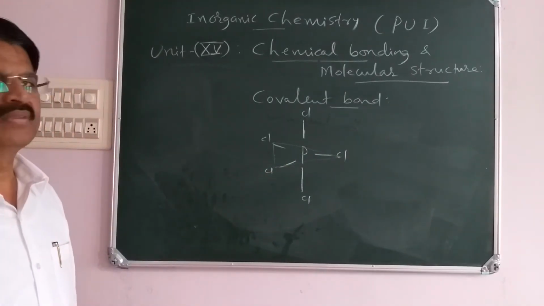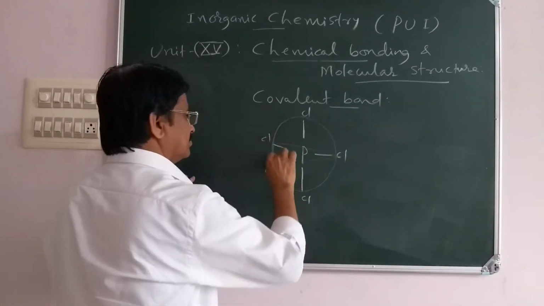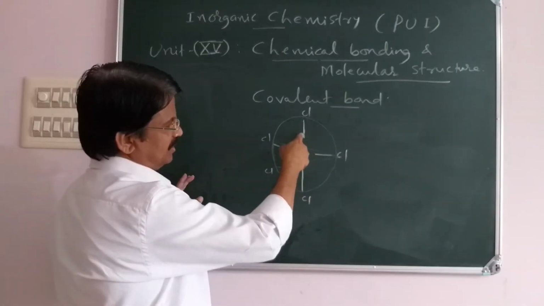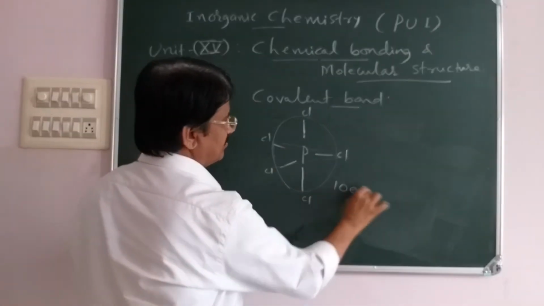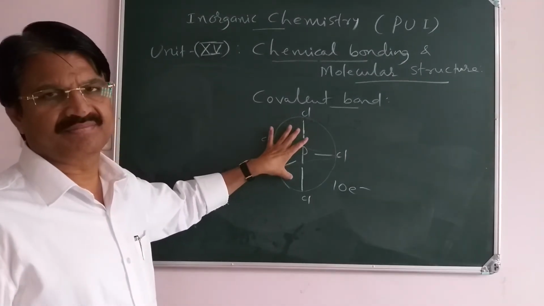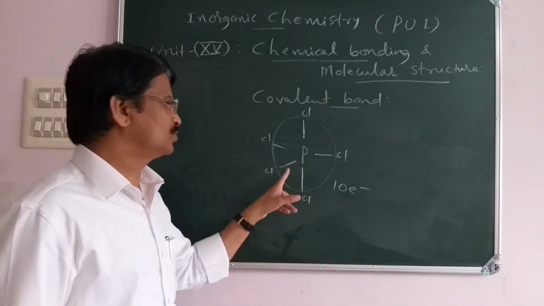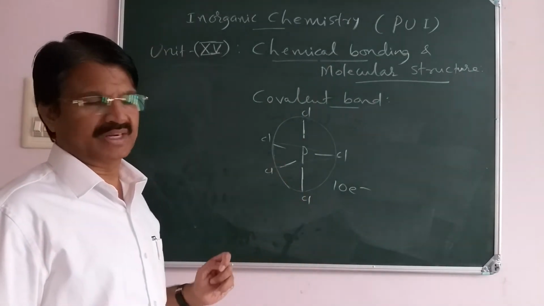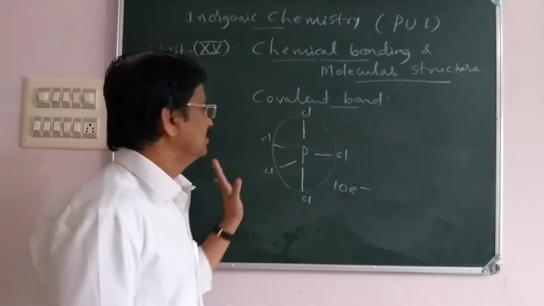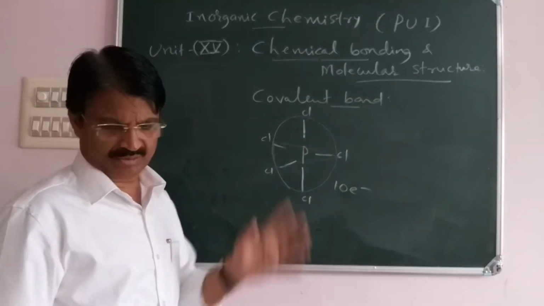Around P you can see 2, 4, 6, 8, 10. It is called an expanded octet. In BCl3, incomplete octet, and this one, expanded octet. And if it contains 8 electrons, it is called a completed octet. Whether completed octet or even expanded, the molecules are said to be stable.